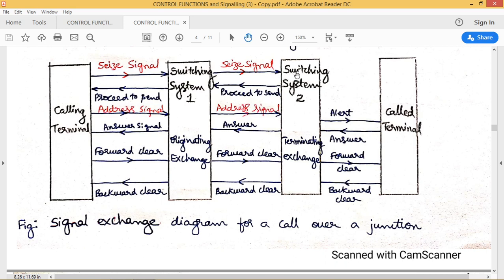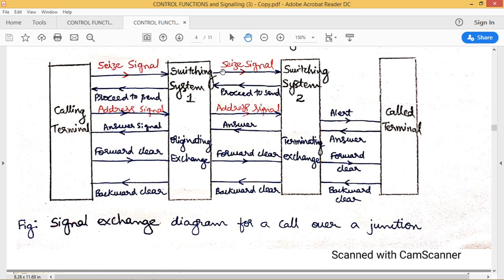Of course, a local exchange is nothing but a switching system, we know, and since the call is originating from this end, we call this the originating exchange, and the call is terminating at this exchange, so we call it the terminating exchange, because this end user, or the called person, is connected to this particular exchange.